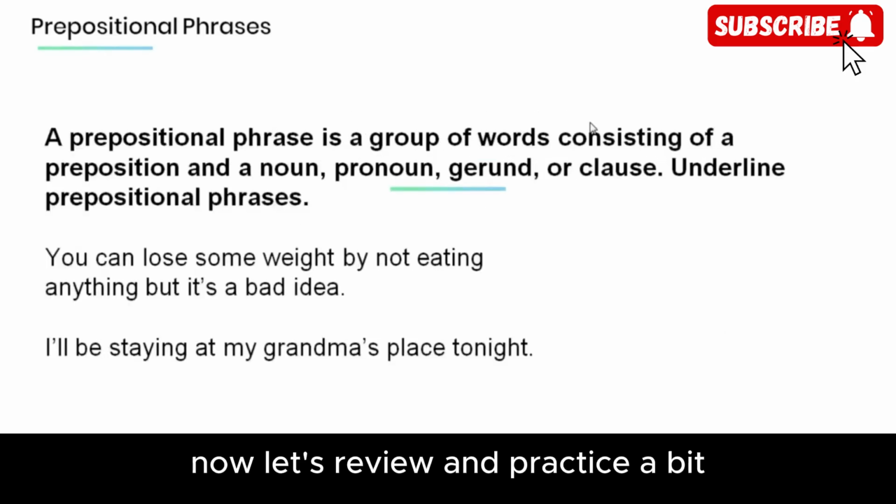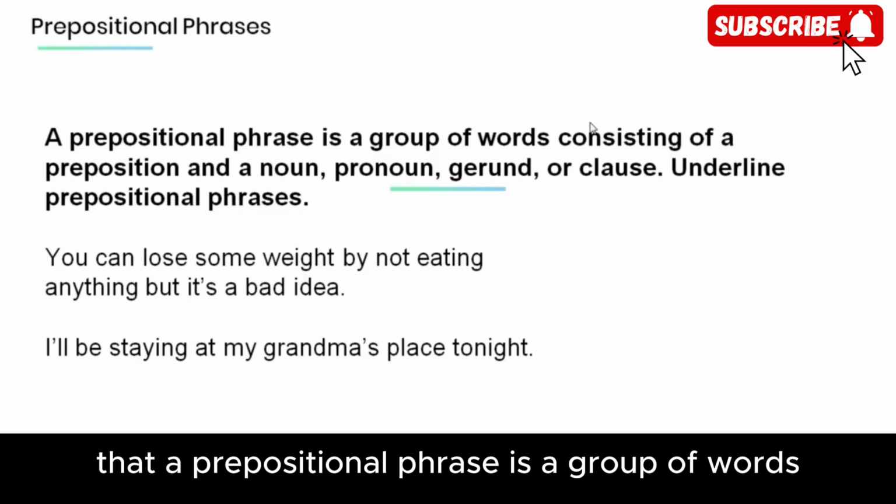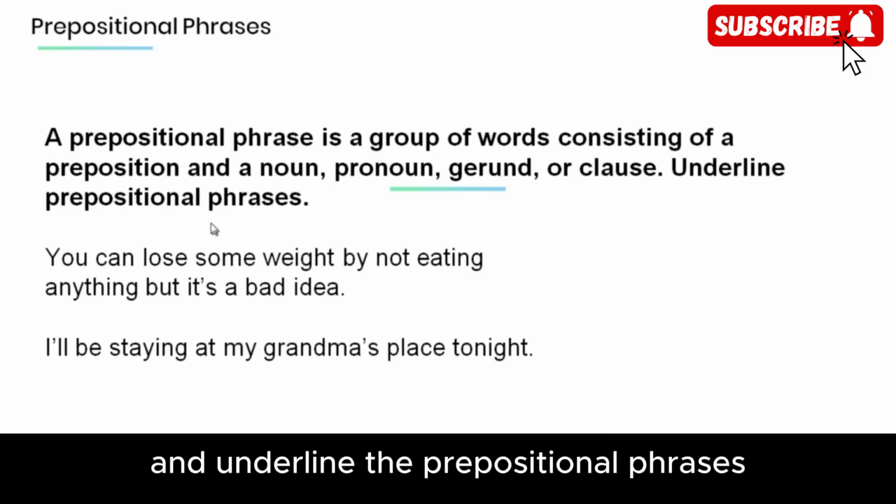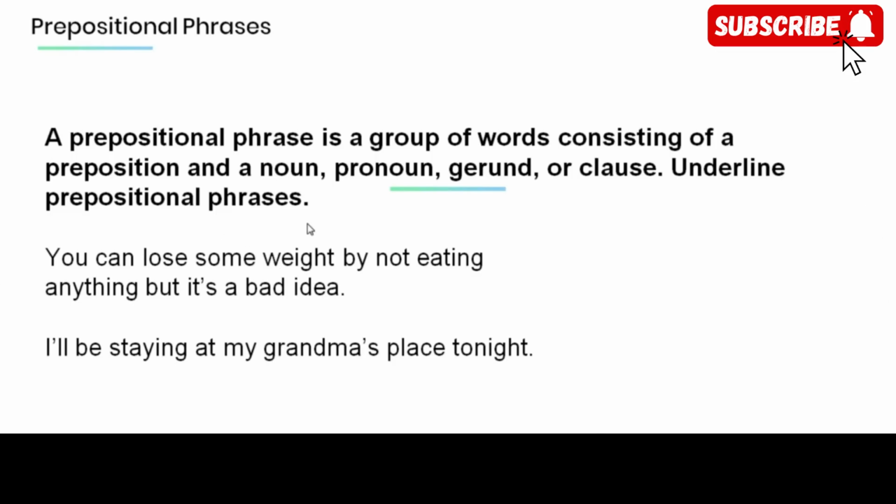Now let's review and practice a bit. Remember that a prepositional phrase is a group of words consisting of a preposition and a noun, pronoun, gerund, or clause. Now read the sentences below and underline the prepositional phrases.